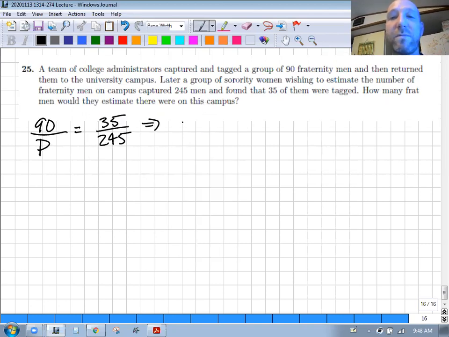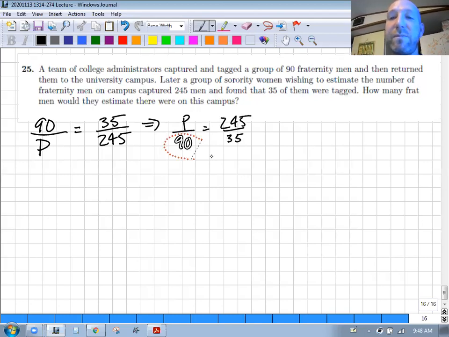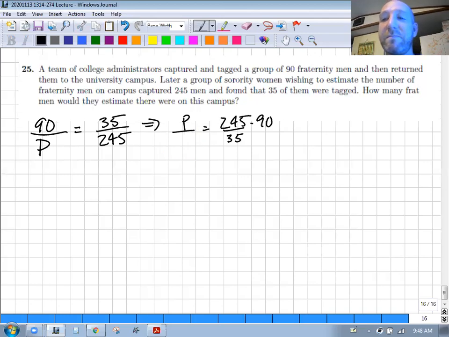So P over 90 equals 245 over 35. Multiply both sides by 90. So 90 times 245 divided by 35 is 630.